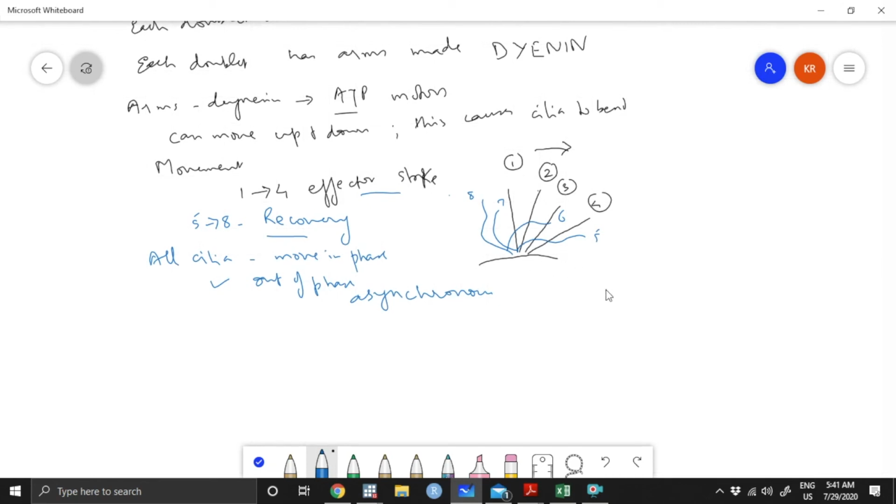Remember that suppose this is paramecium, the cilia on the left hand side and the cilia on the right hand side may not move in the same manner. They have to move in such a manner that the animal either moves forward or backward. So even though we say that paramecium or protozoan is a simple organism, yet there is a level of sophistication in how it tries to protect itself and survive.